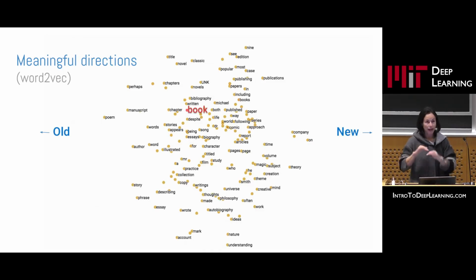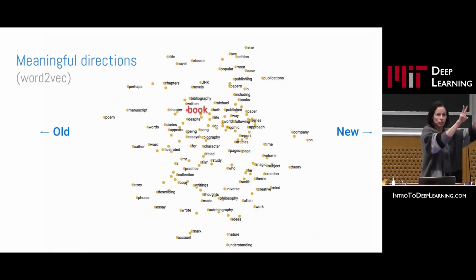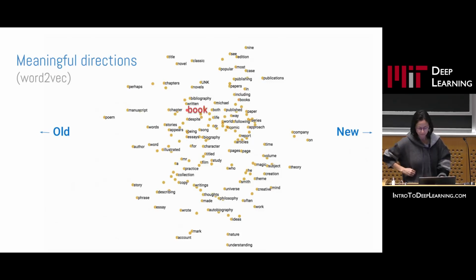I want to give an axis that goes from old to new. So the more to the left a word is, the closest to old it is. So let's see some of the words. I have poem, manuscript, author, story, okay? Closest to new, here on the right, I have company, publications, theory, mind, creation, volume, okay?